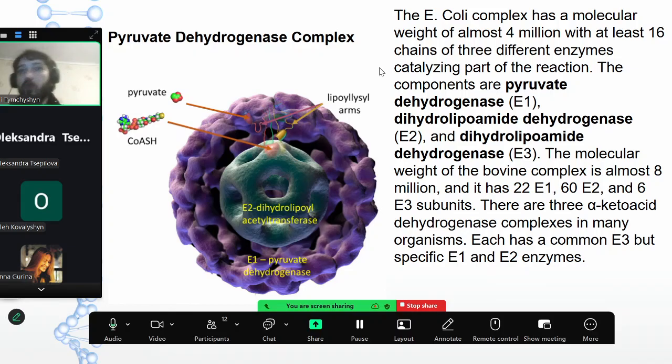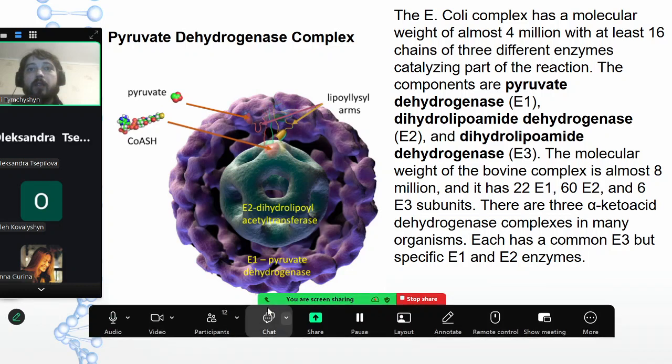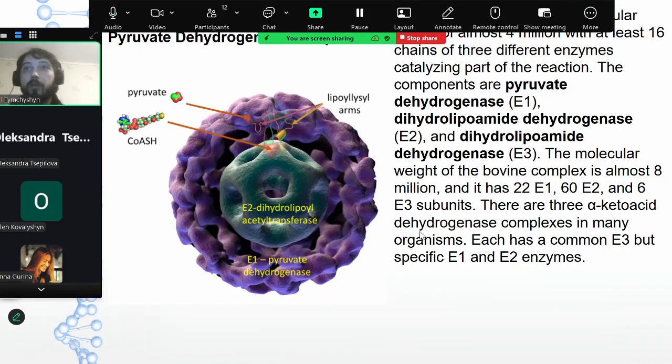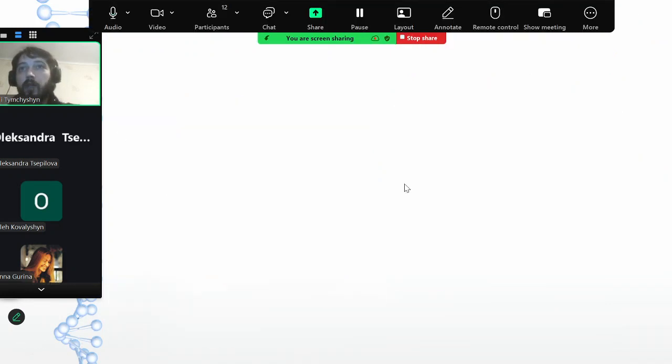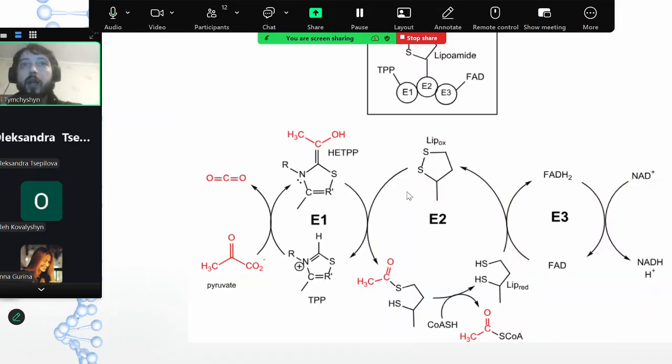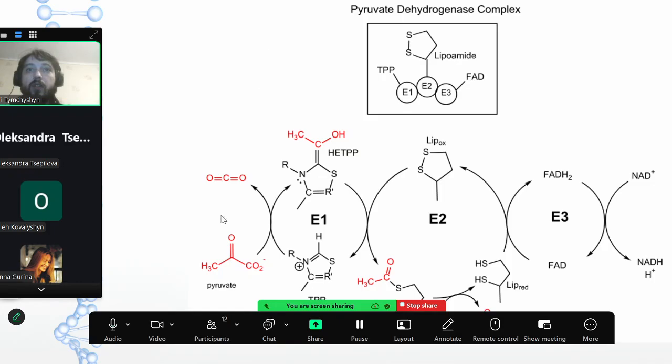So, what do we want? What do we need? And what is this nice-looking thing doing? I guess I should have some sort of mechanism here. So, what do we want to do? Here we have our pyruvate.